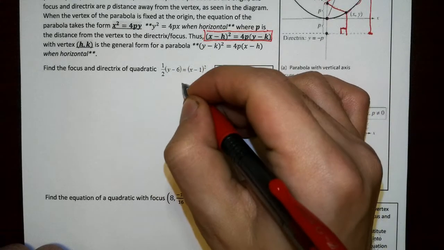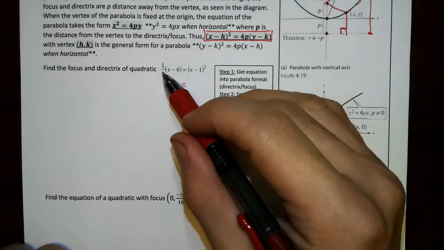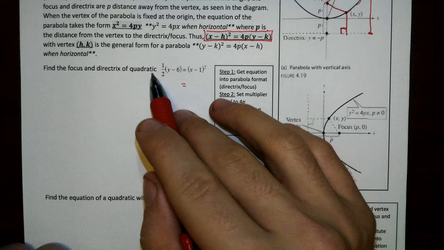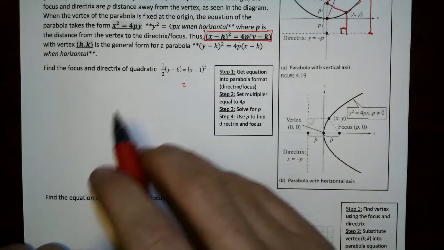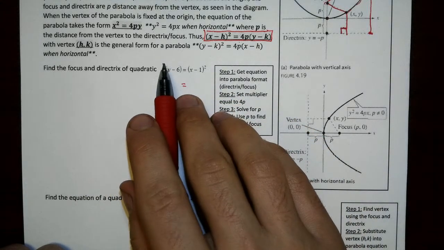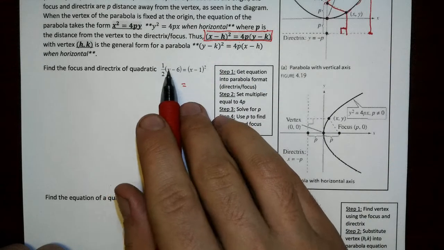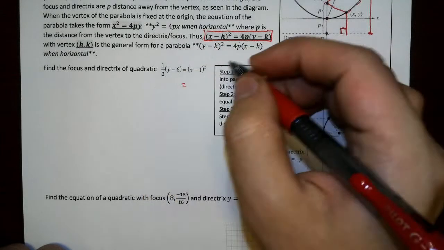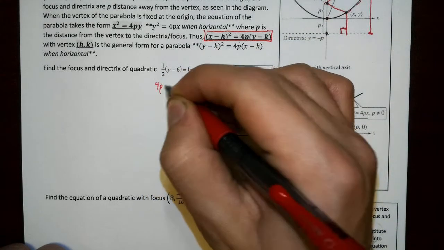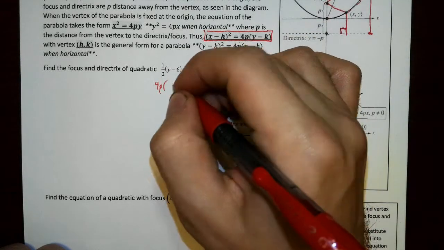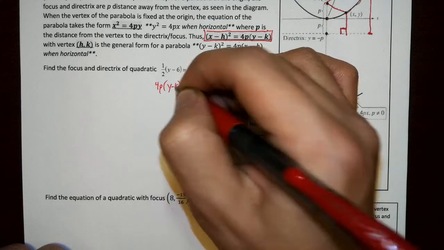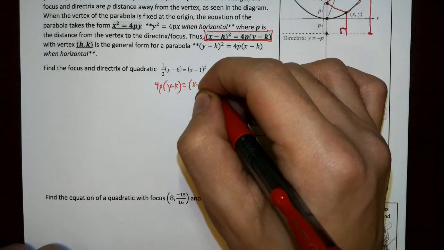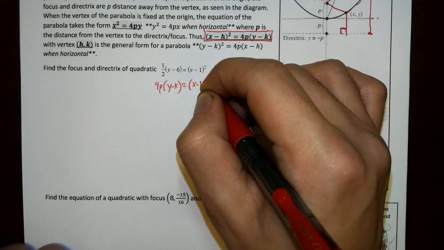And we can then set for p whatever is in front of the y multiplier, or in this case our linear term, because y is technically our linear term, that's a power of 1 to it. We're going to set that equal to 4p because we know we've got to get a 4p out there at some point. So just so we can see that visual comparison, 4p times y minus k, and x minus h squared.